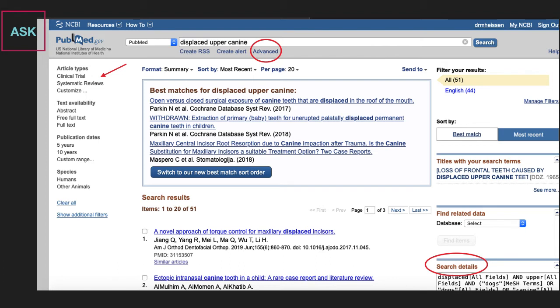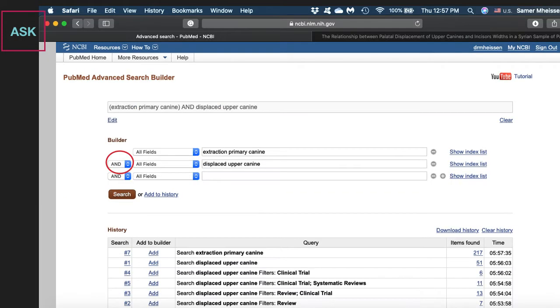At the top right, we can see the English search and the all search. From the advanced search in PubMed, we can use Boolean operators like AND, OR, or EXCEPT, and we have the search history here. We can see the search results.